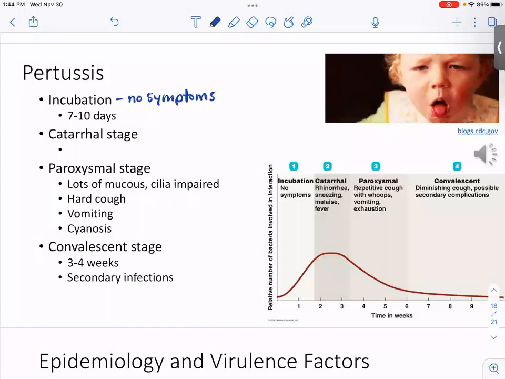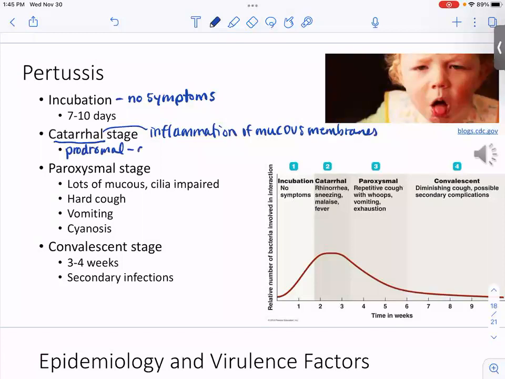Okay, catarrhal, that means inflammation of mucous membranes. And that's just a special name for the prodromal stage. So usually prodromal is kind of generalized symptoms.